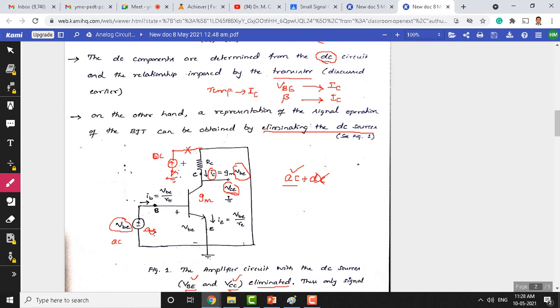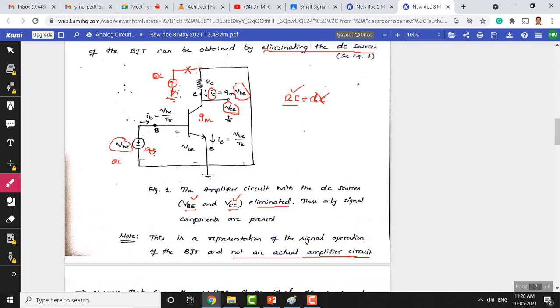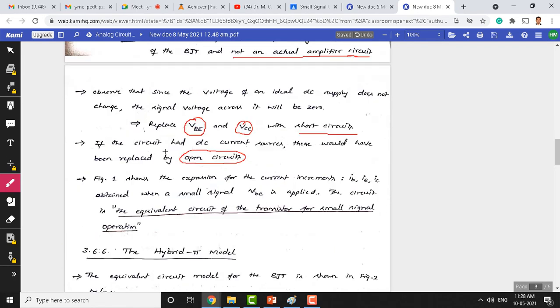This is how the AC equivalent circuit is drawn from the actual amplifier circuit. This is the circuit after removing DC quantities from the actual amplifier circuit.